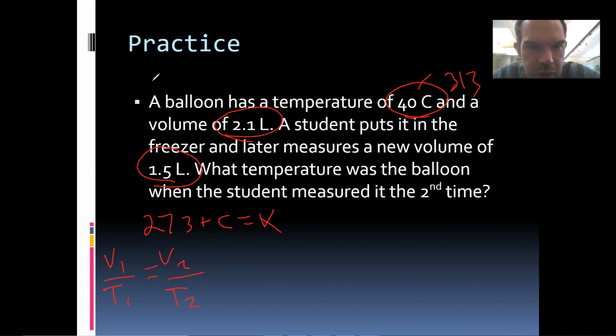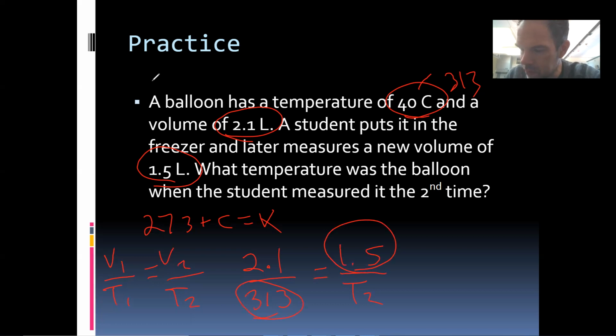So it looks like we start with 2.1 over 313, and that's going to equal 1.5 over what we're solving for, which is the second temperature, T2. And we just start by cross multiplying 313 times 1.5.